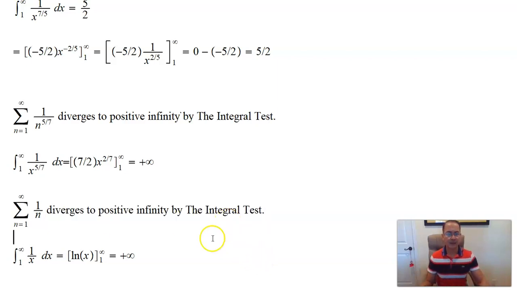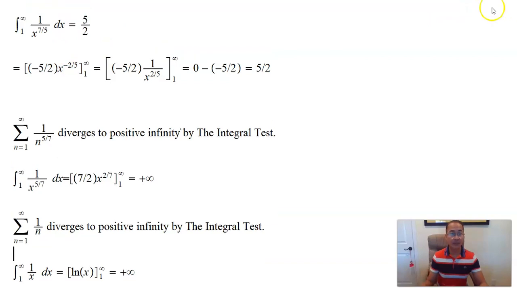So why are these two bad, but 1 over n to the 7/5 is good? 7/5 is bigger than 1. So when we do the power rule, negative 7/5 plus 1 is still negative. That negative exponent means that the x should flip to the denominator with a positive exponent.